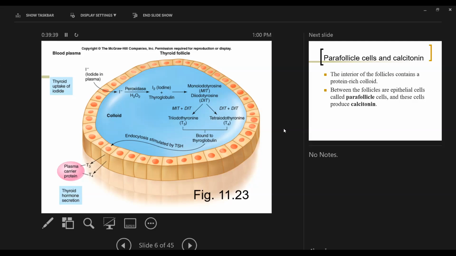Same direction. So you're going to take sodium inside the cell, is it high or low? Low, very low, because you're pumping it out constantly. So you're going to take sodium and iodide ion, and you're going to bring it into the cell, just like that.